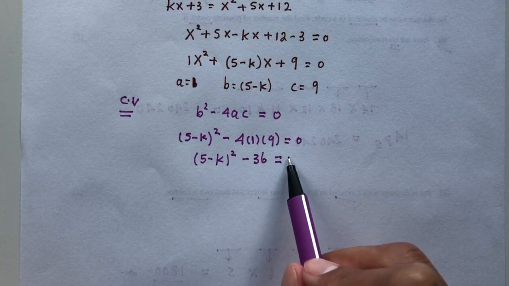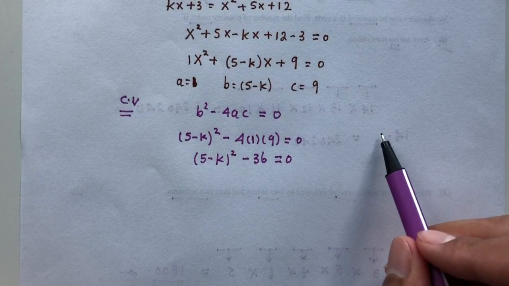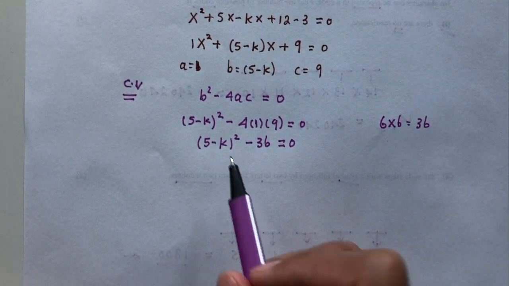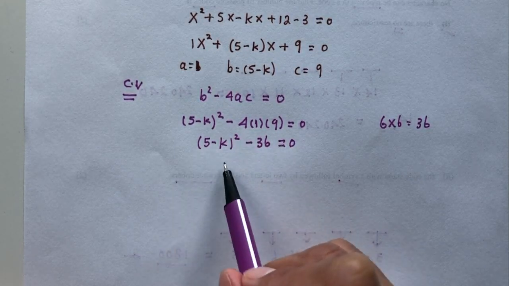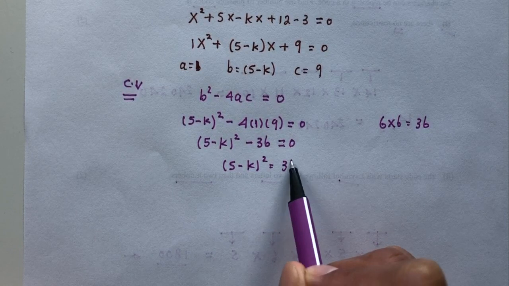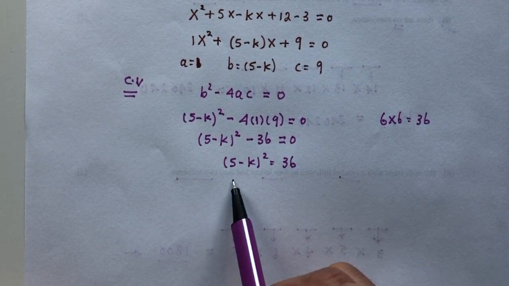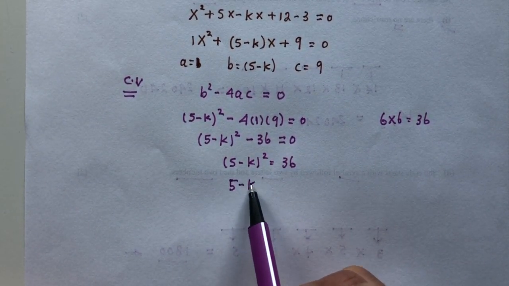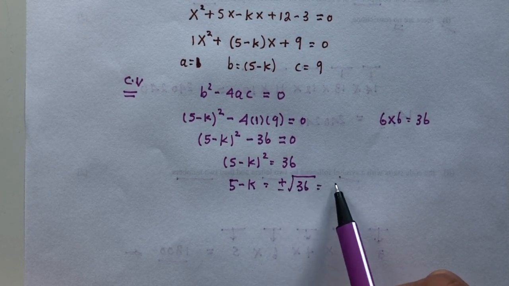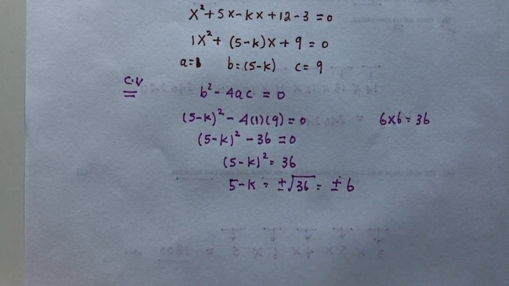Since 36 is a square number, 6 times 6 is 36, and because we have a complete square form, we can just send 36 to the other side. And then we take the square root, plus minus square root of 36, which is plus minus 6.